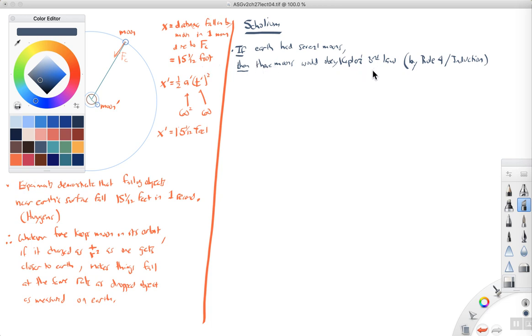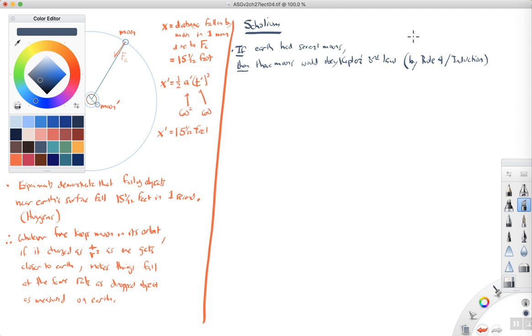He's saying, well, we can look at all the moons of Jupiter, and they obey Kepler's third law. The multiple moons of Saturn, they obey Kepler's third law. The planets orbiting the sun, they obey Kepler's third law. So if the Earth had several moons, let's assume this is a general principle, and those moons would obey Kepler's third law.